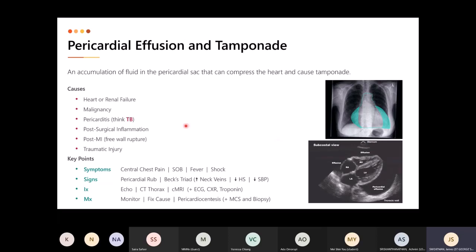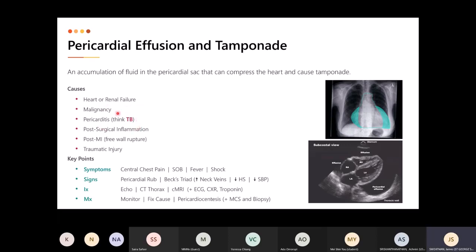So the causes: heart or renal failure, just because of transudative effusions. Malignancy, because of the inflammatory or exudative effusions that can happen with malignancy.